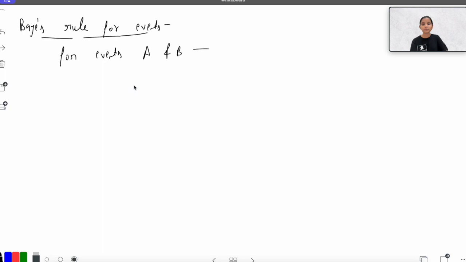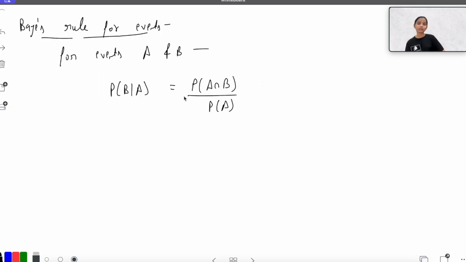Then the posterior probability of B given A is just a conditional probability: probability of A intersection B upon probability of A. We have already seen the simultaneous occurrence of two events in conditional probability.